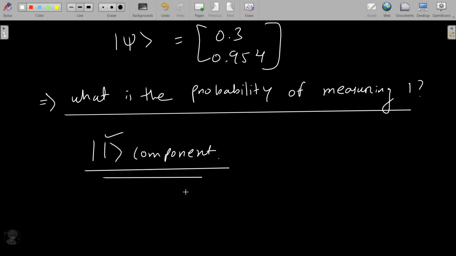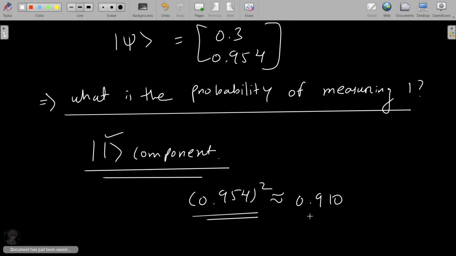Okay, so 0.954 squared. This is how we get the probability of |1⟩. So this will be almost 0.910.